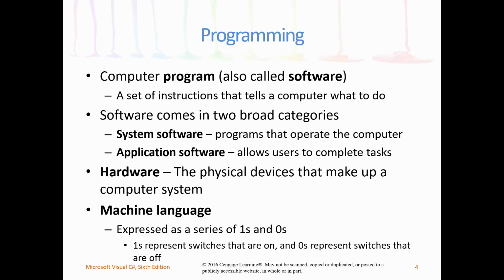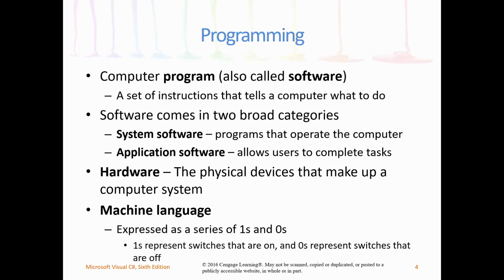There's two basic types of software. The first is system software, which most people equate with the operating system of a computer. The other is application software. And again, the author mentions that application software allows users to complete tasks. This book is all about how to use C Sharp to write application software. All right?